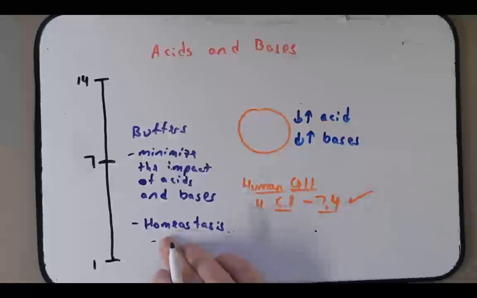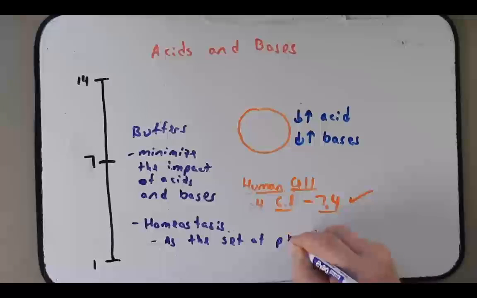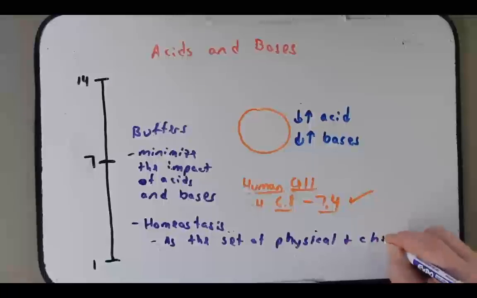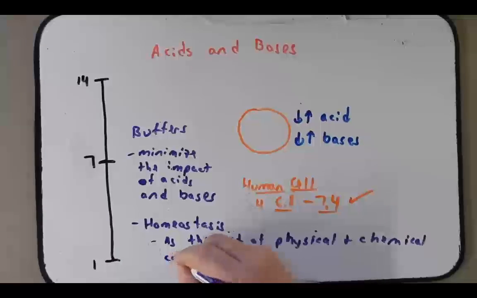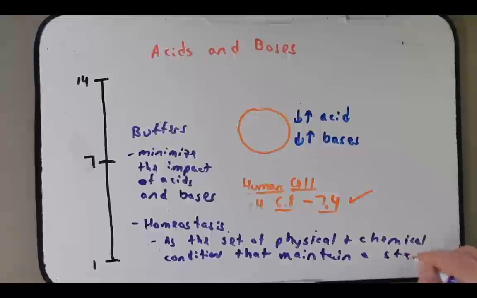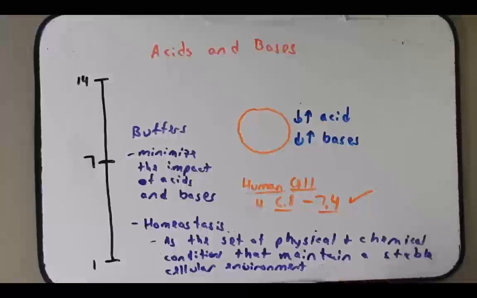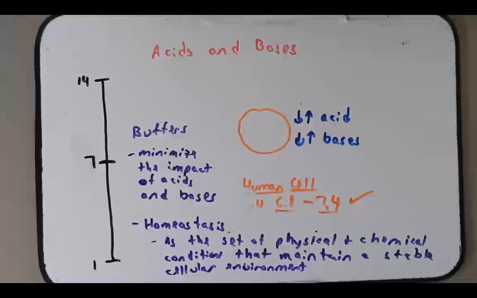We can think of homeostasis as the set of physical and chemical conditions that maintain a stable cellular environment. It maintains the pH, the temperature, and other parameters to maintain that relative stability for the cell. And this is largely enforced using various kinds of buffers.